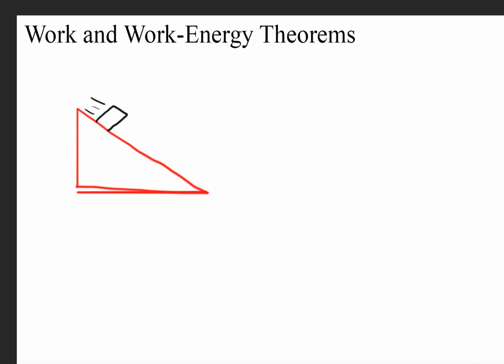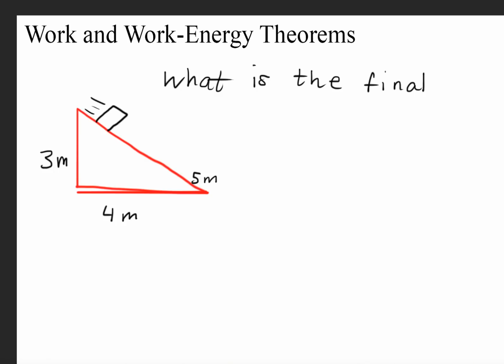Let's say this is at a height of 3 meters. This is at 4 meters. And right here I'll draw 5 meters. So the question I pose, what is the final velocity?